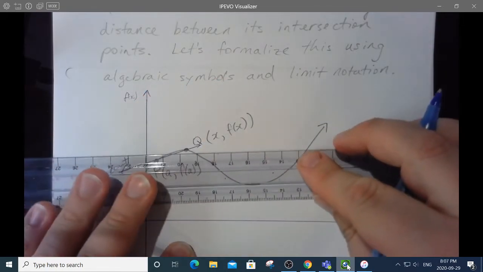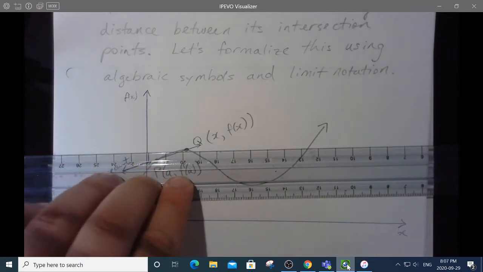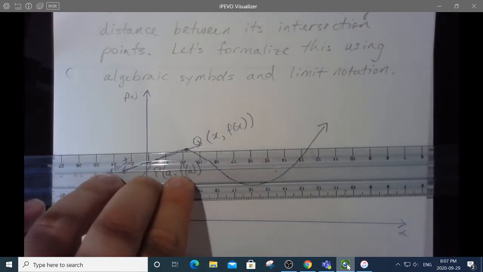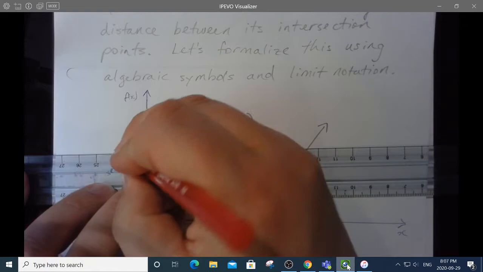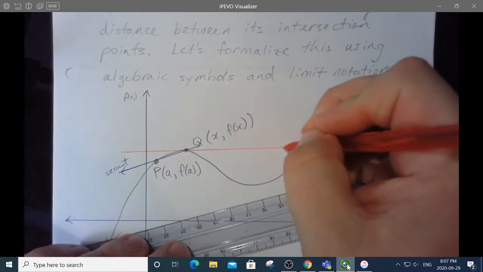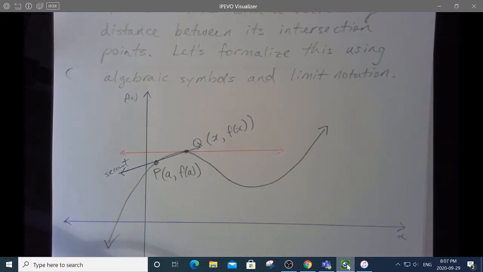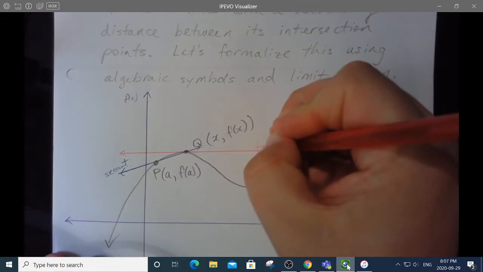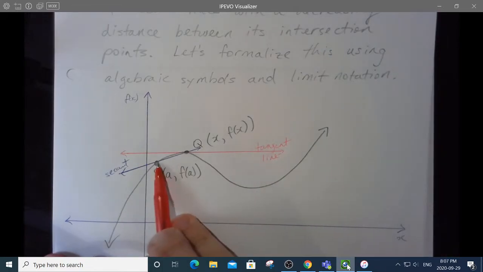And I want to shrink those until I eventually get a line that gets touched exactly once. Something like that. That's my ski touching the slope. And that is, of course, my tangent line. If I shrink the distance between these 2 points, I get the tangent line.